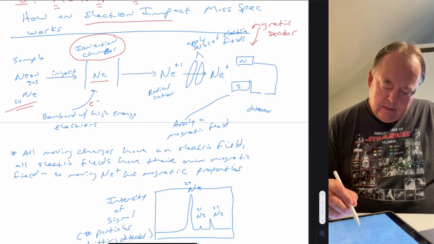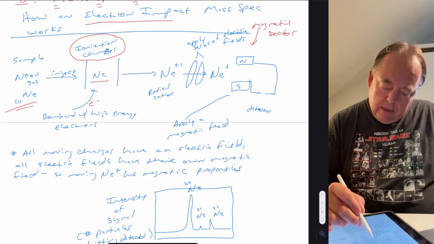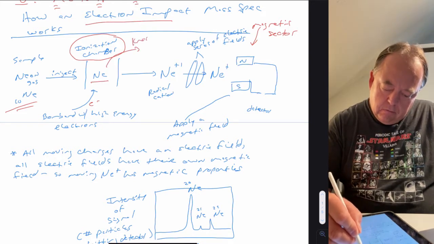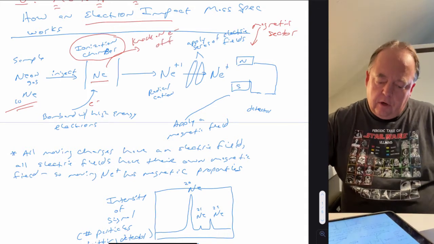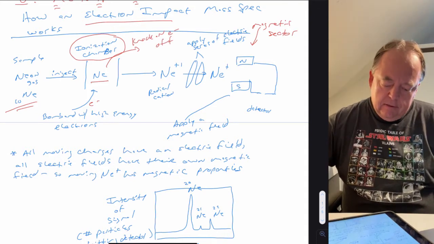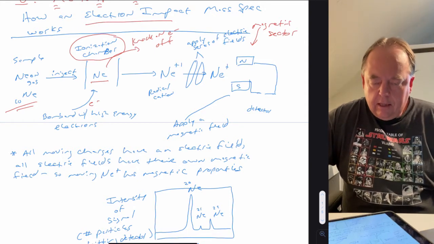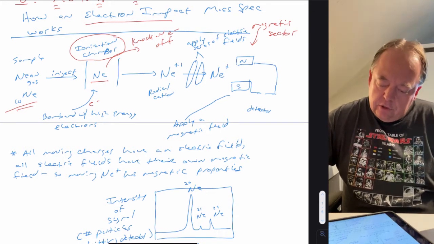We're going to take very high energy electrons and impact them with the neon sample, and this is going to knock an electron off of the sample. Neon initially had 10 protons and 10 electrons. You knock an electron off, and now it has 10 protons and 9 electrons, so it's charged.